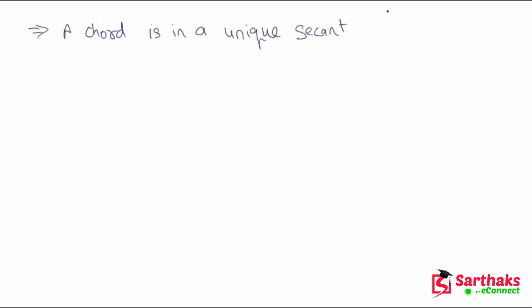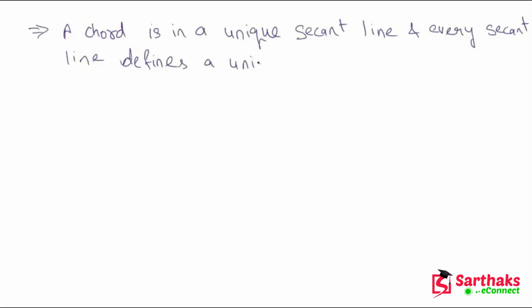A chord is in a unique secant line, and every secant line defines a unique chord.